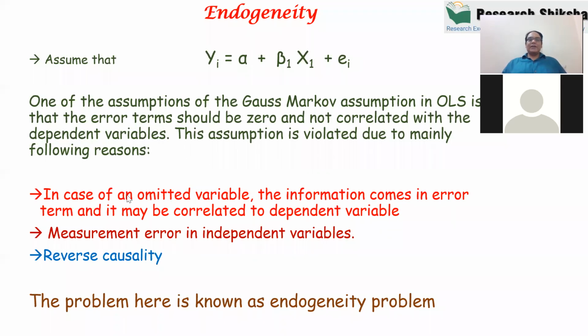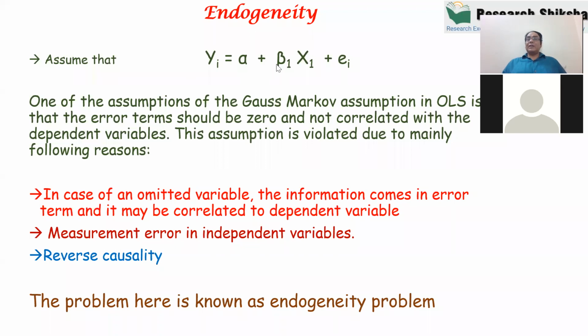The second problem I said is measurement, when you don't have any way to measure some of the variables which can influence y. The third concept is called reverse causality.